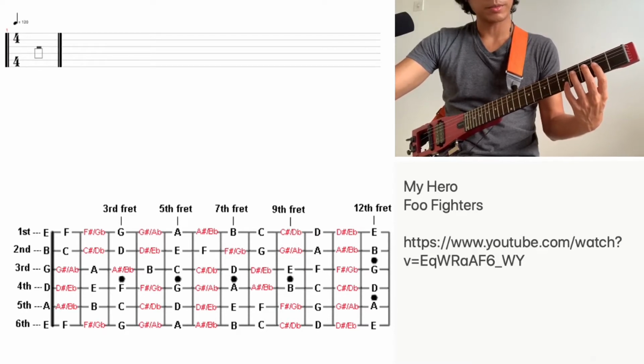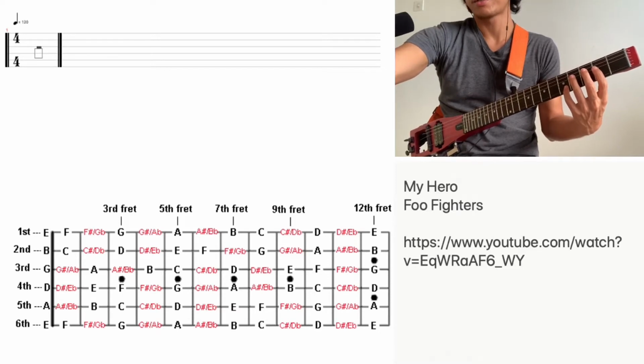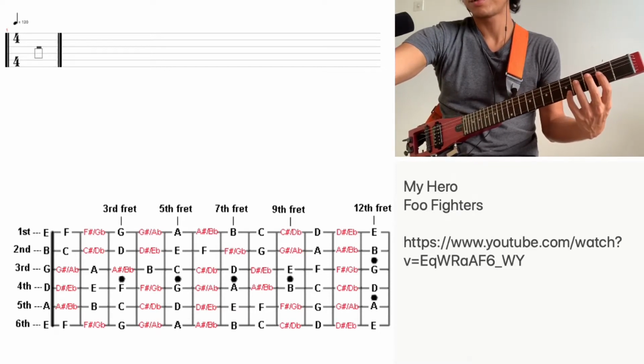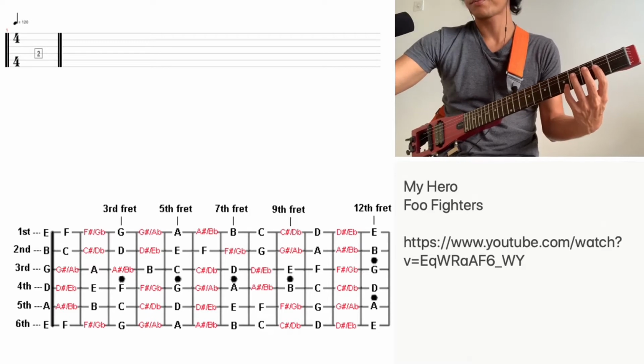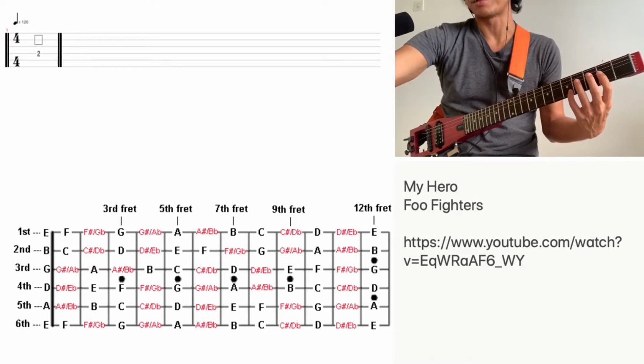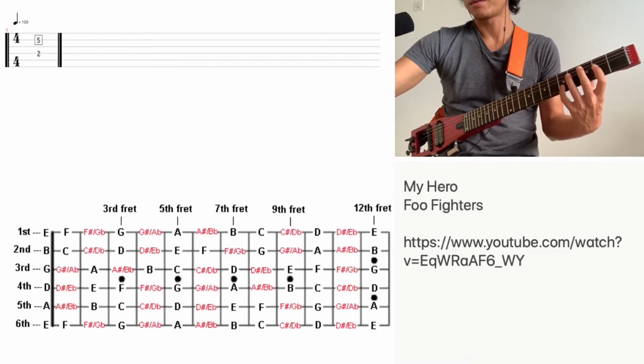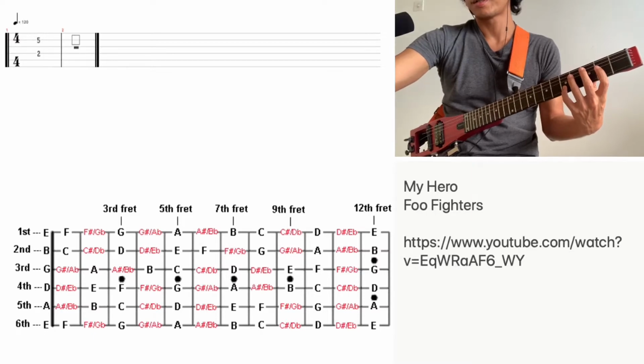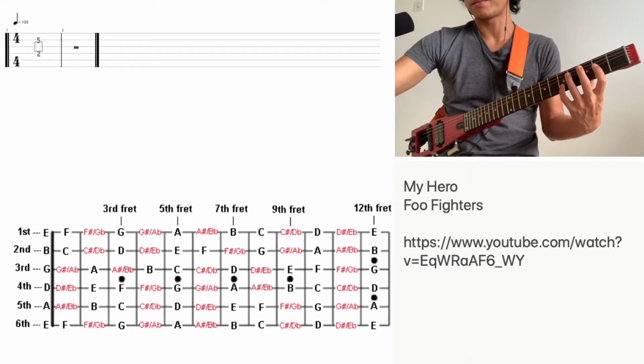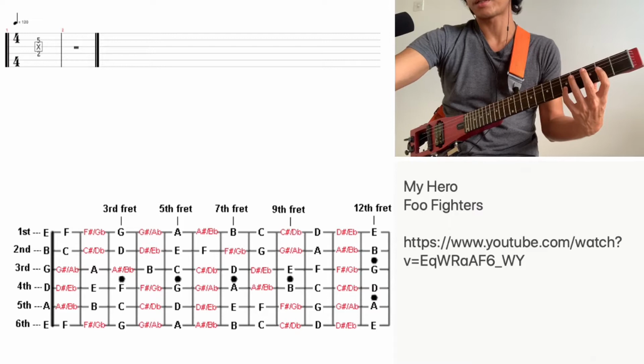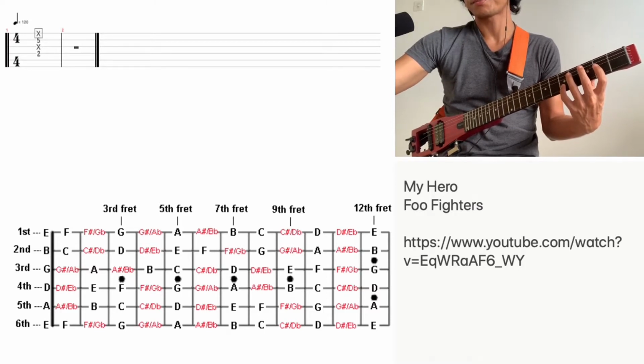This will be the E octave. So it will be 2 on the 4th string, and on the 2nd string will be a 5. A 2 and a 5, and I'm going to put an X on the 3rd string as well as an X on the 1st string.